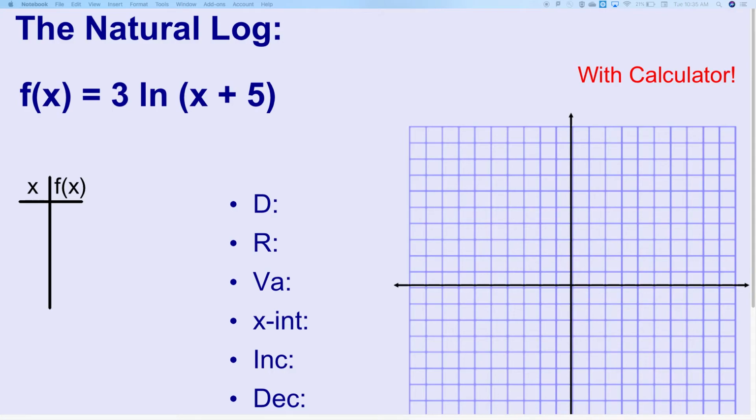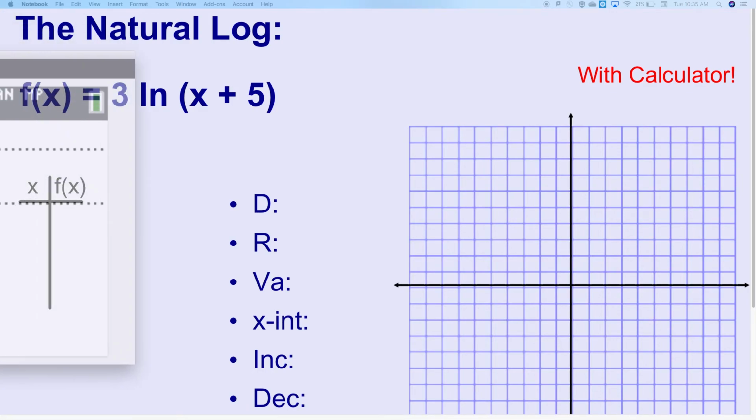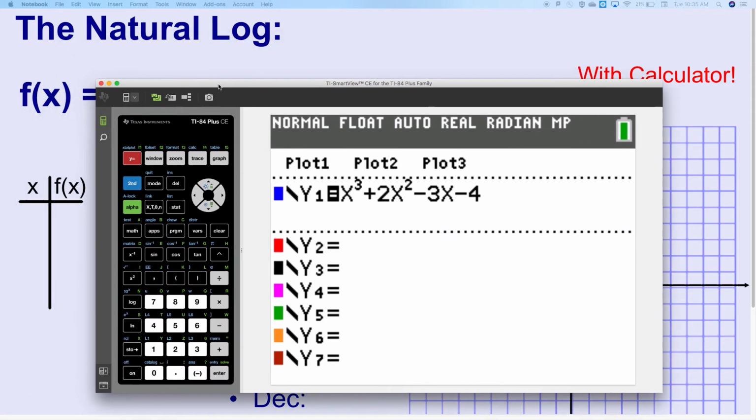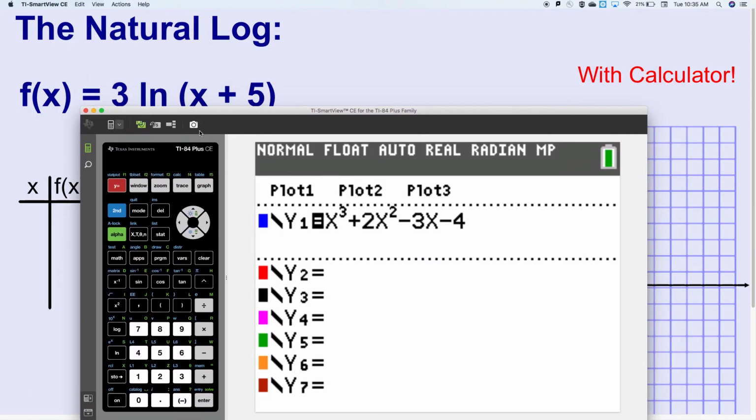Can you see where your vertical asymptote is in your table? Yes. How do you see it? What happens? Okay, you might be looking at the graph.